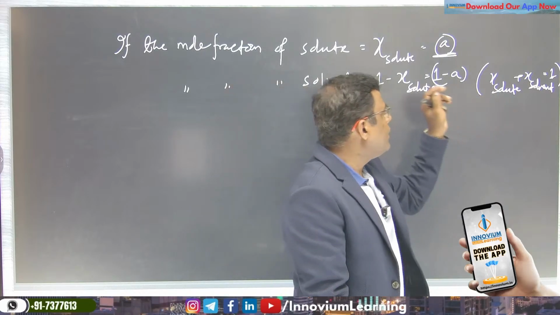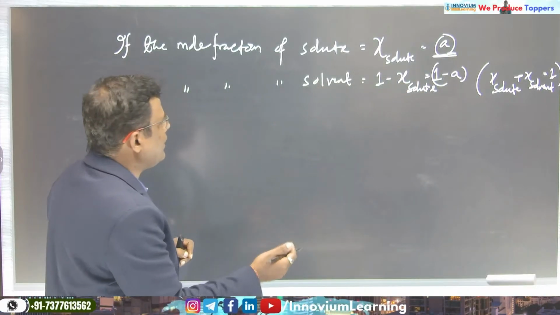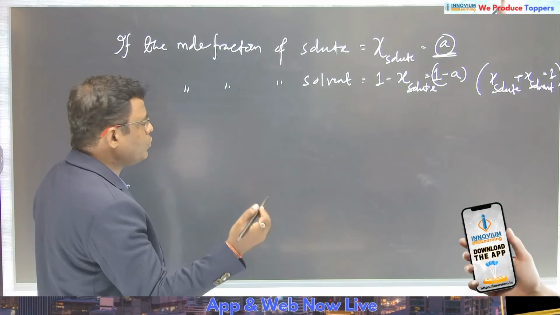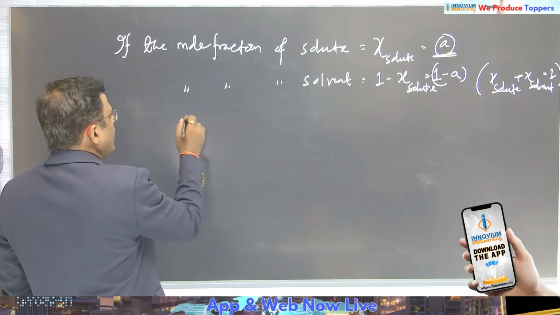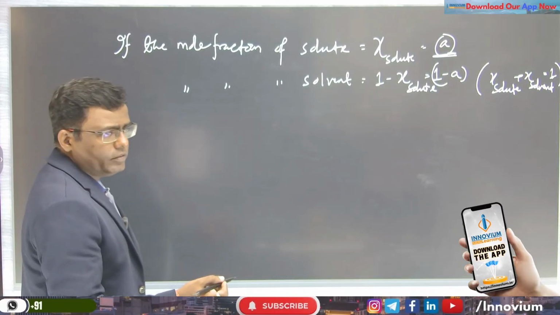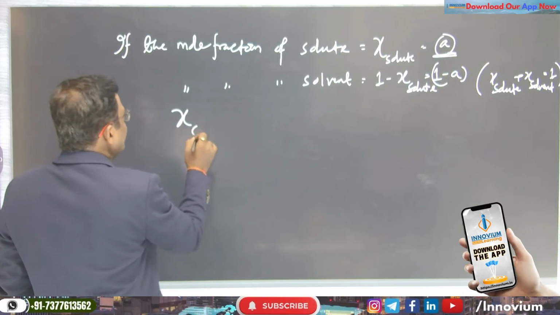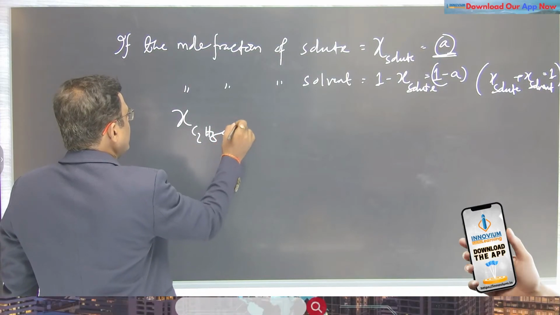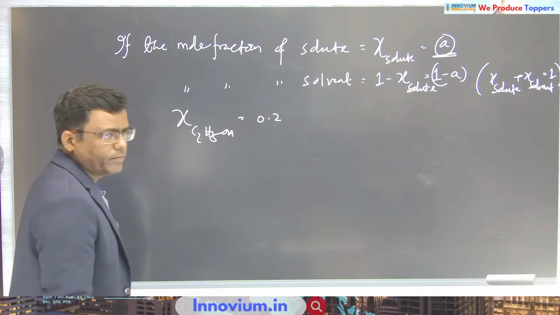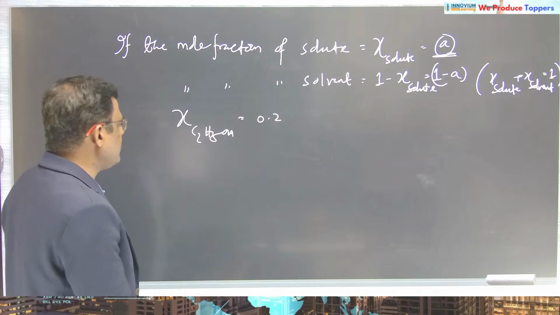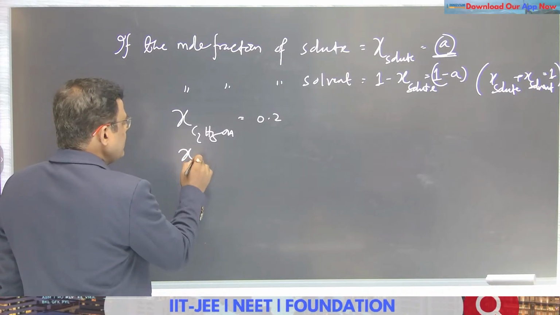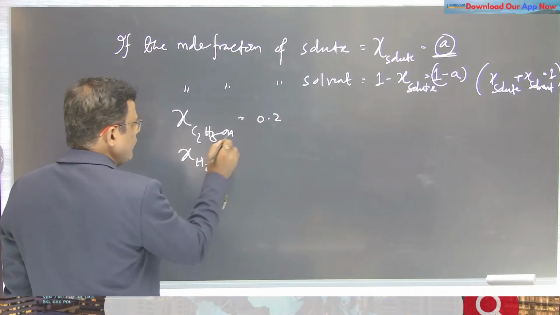Let me explain through an example. Suppose in a solution of ethanol, the mole fraction of ethanol is given as 0.2. Then what does it mean? Here the solvent is water.